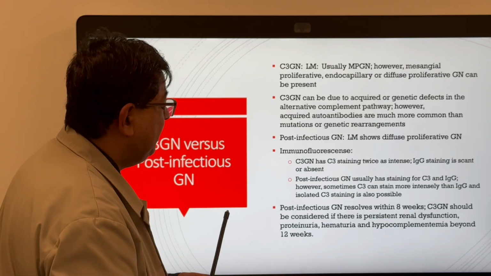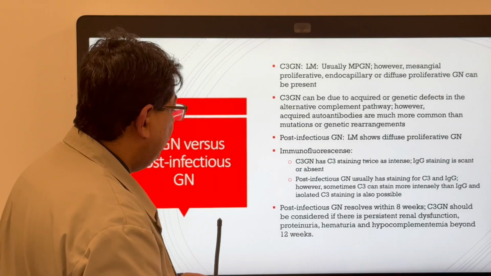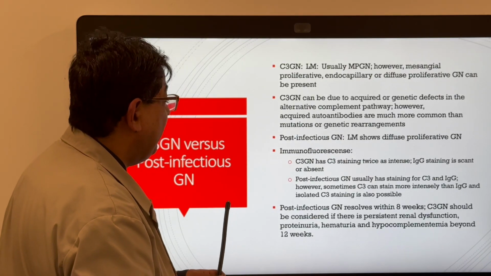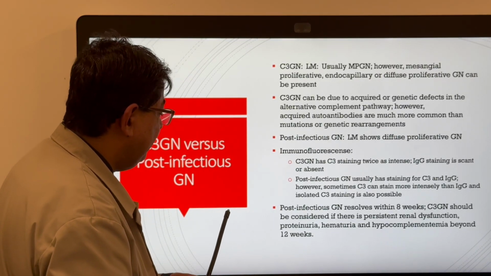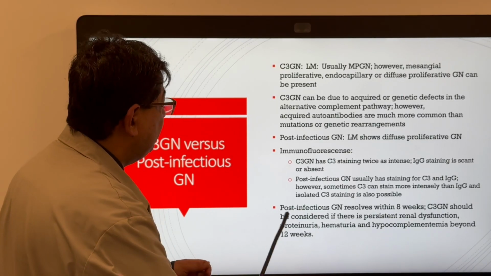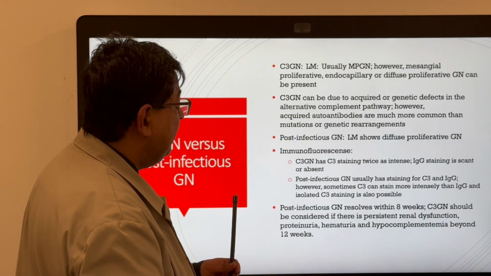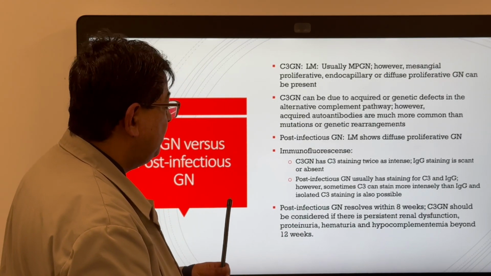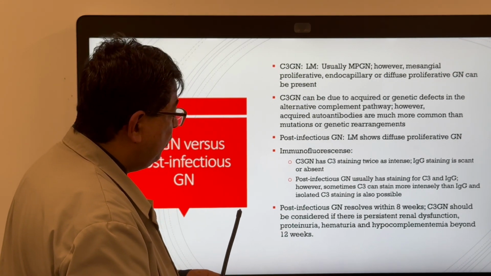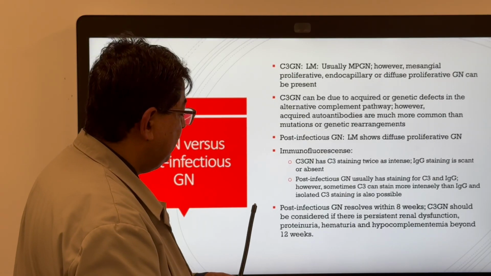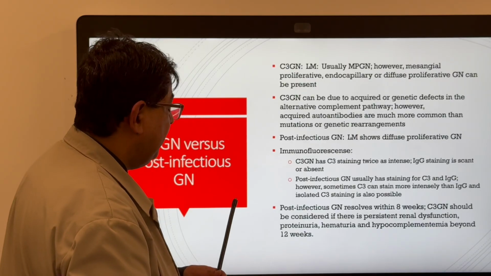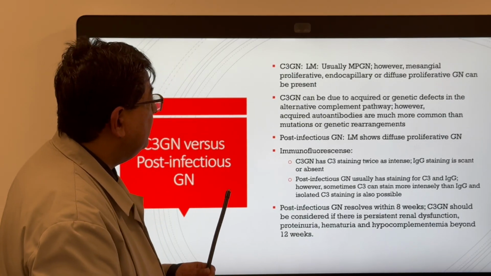So just because you have relative intensities of C3 versus IgG, you can't necessarily distinguish between C3 GN and post-infectious GN that way. Post-infectious GN resolves within 8 weeks. So if after 8 weeks you still have renal dysfunction, proteinuria, hematuria, and hypocomplementemia, then you should think about C3 GN. Next slide.